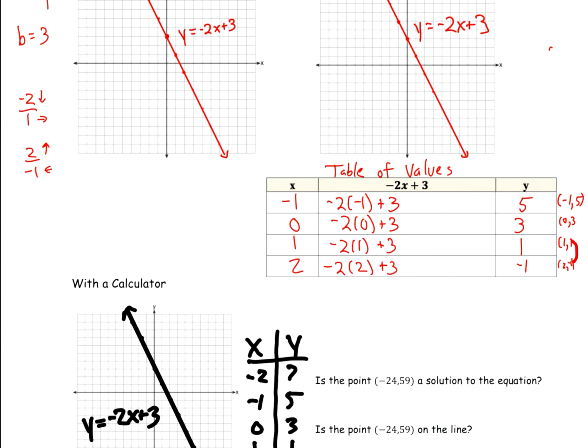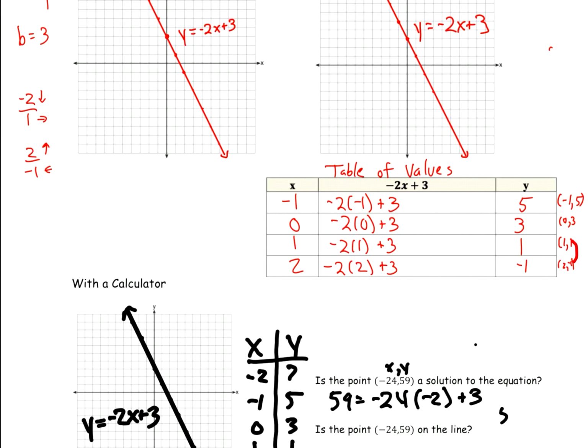So let's now look at, is the point -24, 59 a solution to the equation? There's a couple ways of going about this. You could plug in the x and the y into the equation and see if it works out. So that would be 59, which is my y, equals -24, which is my x, times the slope, which is -2, plus the y-intercept, which is 3.